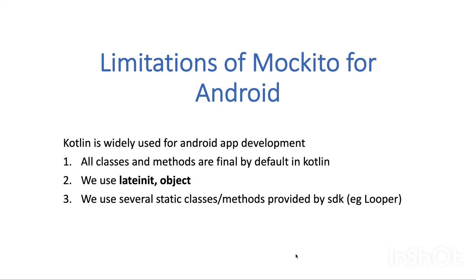Then also in Android we use lots of methods and classes that are provided by the SDK, and those classes or methods are generally static. For example, Looper, when we want to use Looper.getMainLooper. That means we cannot use Mockito here.